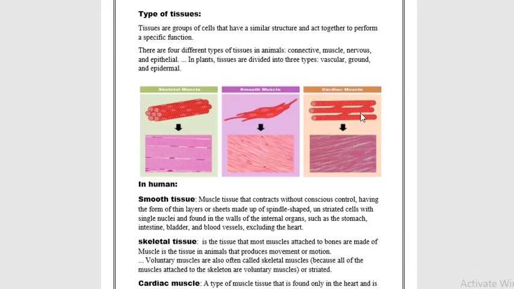Cardiac muscles are unique muscles found only inside the heart. Smooth muscles are involuntary muscles found in our alimentary canal. Skeletal muscles are voluntary muscles found in the skeleton, like the femur, humerus, ulna, and radius.